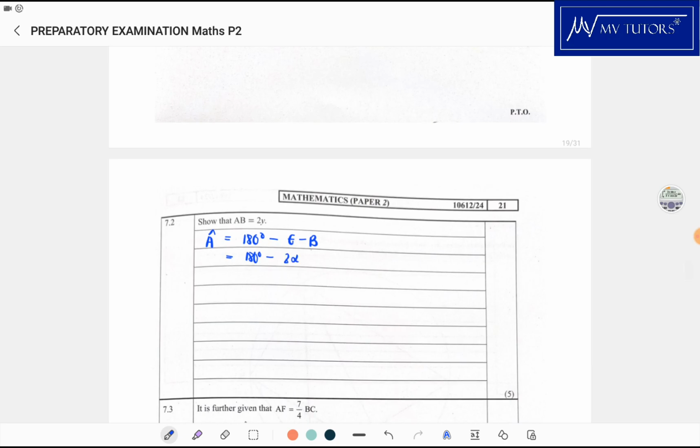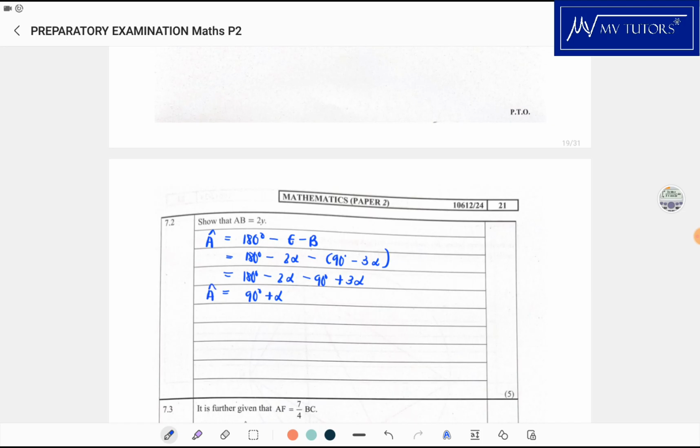So we have 180 minus 2 alpha minus 90 plus 3 alpha. So 180 minus 90, that's 90. And minus 2 alpha plus 3 alpha, that's just alpha. Okay, so we have A.